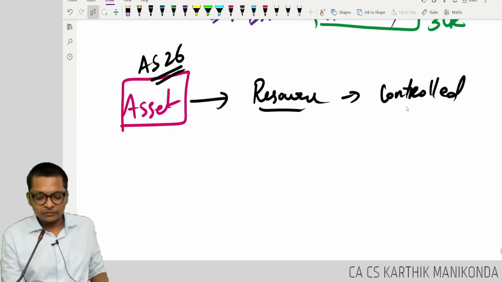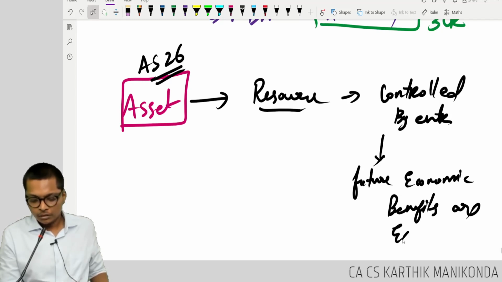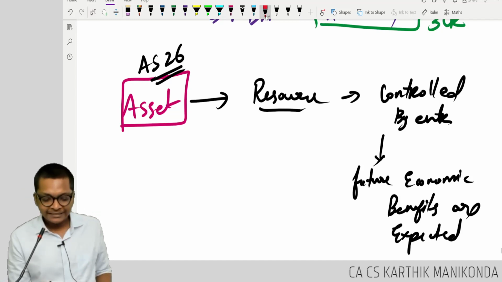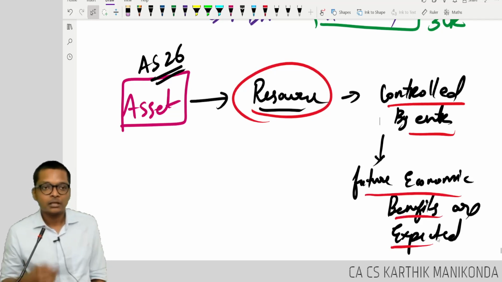Asset is a resource which is controlled by the enterprise from which future economic benefits are expected. This is the definition of an asset. Any asset is a resource which is controlled by the enterprise from which I can expect future economic benefits.